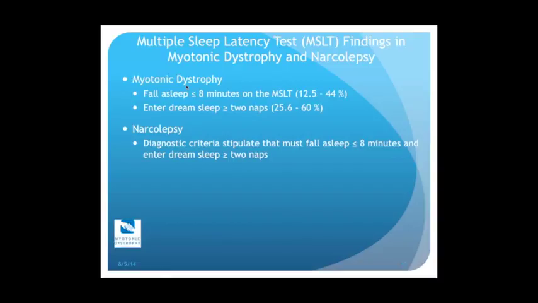And so if you've ever been laughing and all of a sudden your jaw sags, your knees buckle, you fall to the ground, you feel tongue-tied, and this happens frequently, that's cataplexy. And the data thus far really doesn't suggest that patients with myotonic dystrophy have this type of narcolepsy.